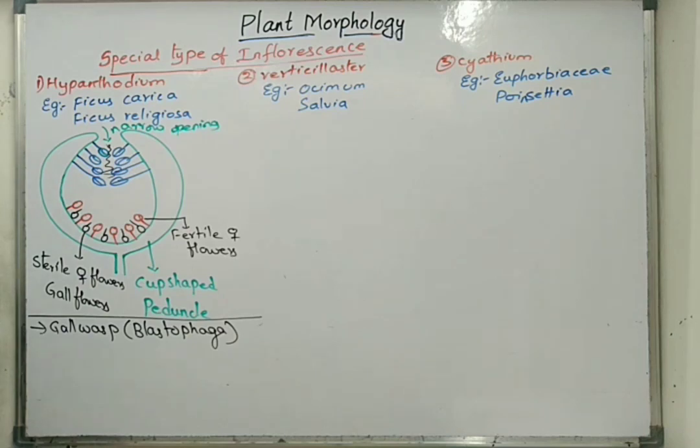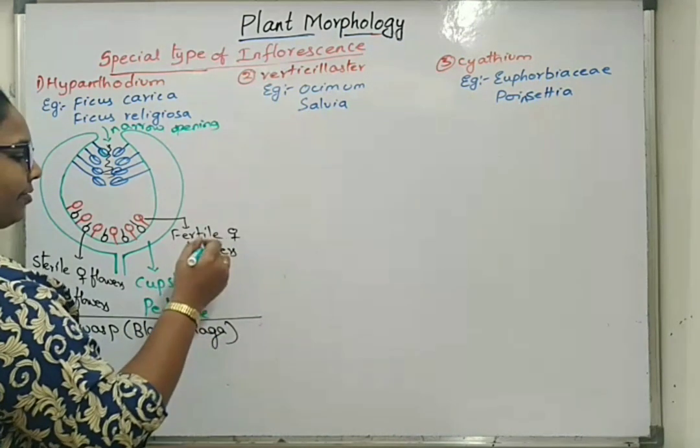Then what happens? These gall flowers have the ovary and style in this shape, so that this will be the place where eggs can be laid.